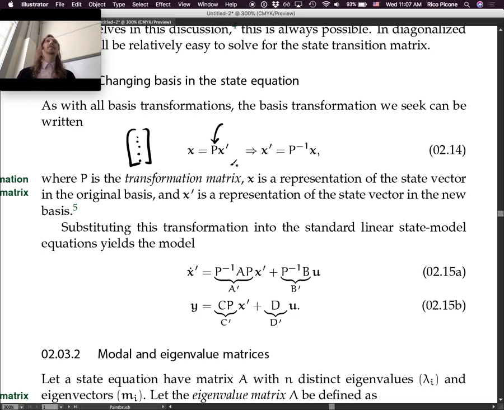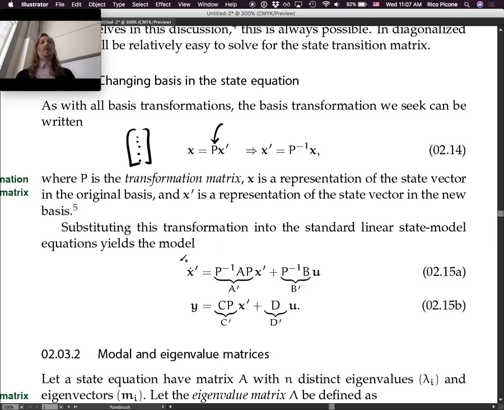I know that this notation might be a little weird. Prime is not used here to denote a derivative. We are using dot to denote a derivative in this expression. We're just saying a vector represented in another basis.